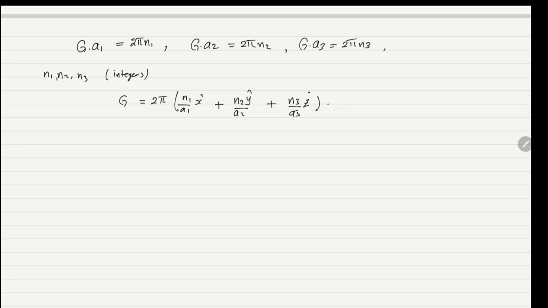From this we can define b1 equal to 2 pi over a1, b2 equal to 2 pi over a2, and b3 equal to 2 pi over a3. In this case, remember that a1, a2 and a3 are lattice vectors in real space, but b1, b2, b3 are the primitive vectors in reciprocal space.